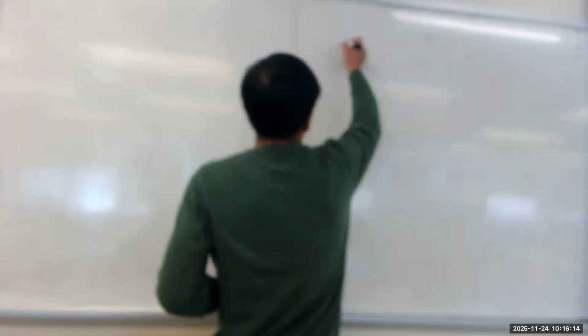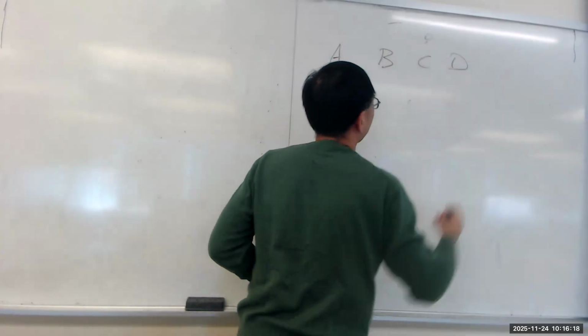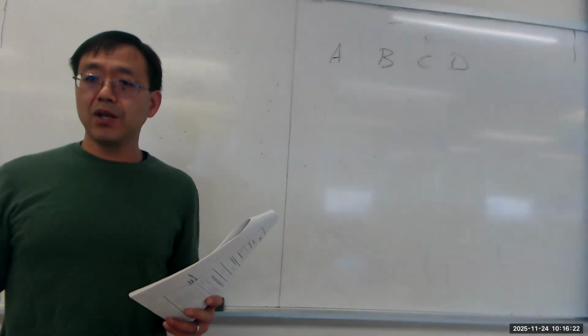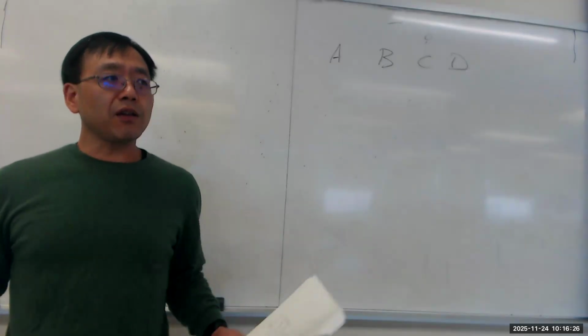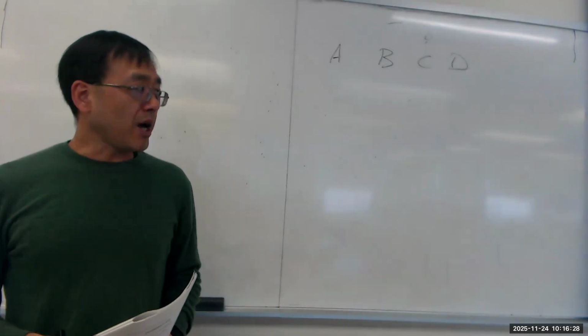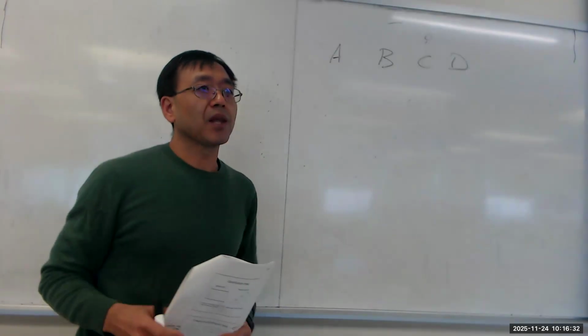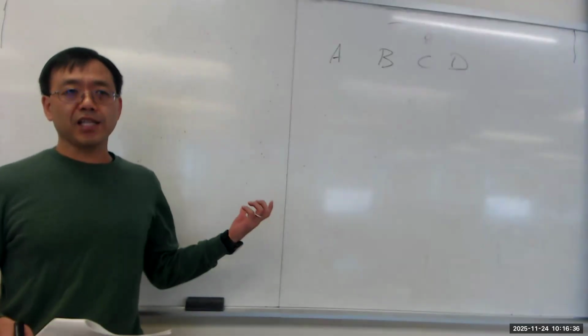Let's say you have four letters: A, B, C, D. The letter space is only these four letters. Now, if I don't give you any information, I hide it. I have a letter in my mind, and I ask you to guess what the letter is.